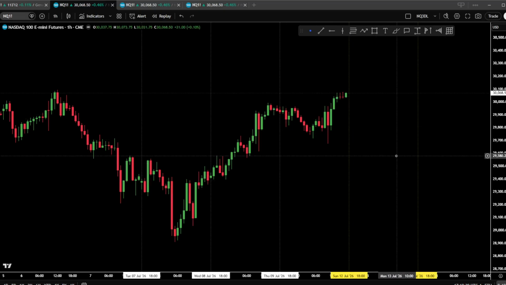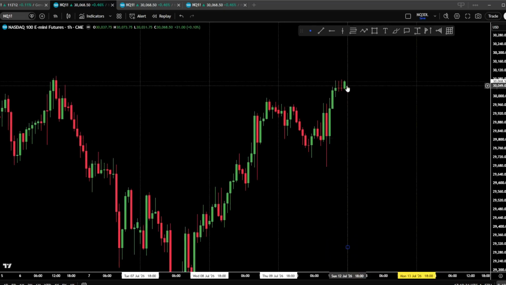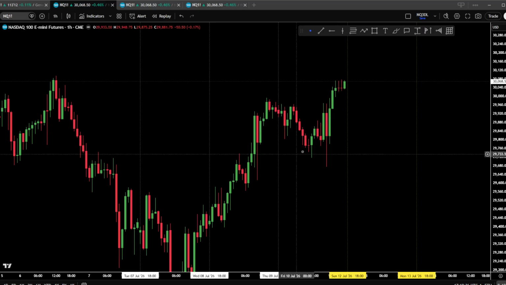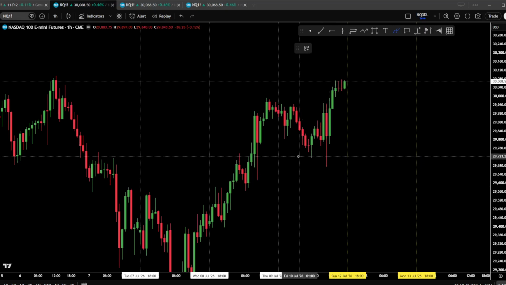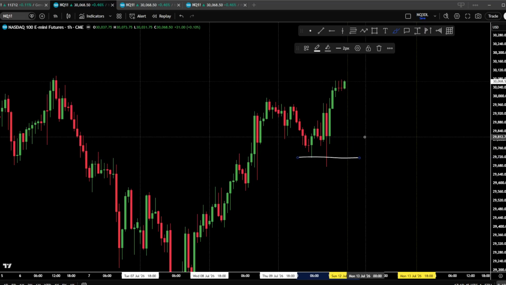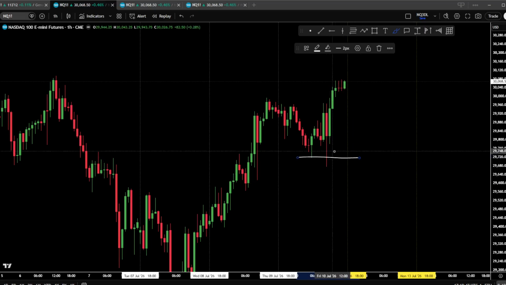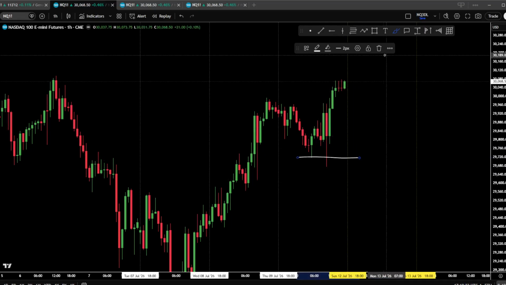Okay, so let's analyze what was left behind here. First of all, we can look at what the daily profile of Friday was, and this was a New York reversal profile, right? You can see that this range here is a characteristic of reversal profiles. These profiles tend to create intermediate term highs or intermediate term lows.